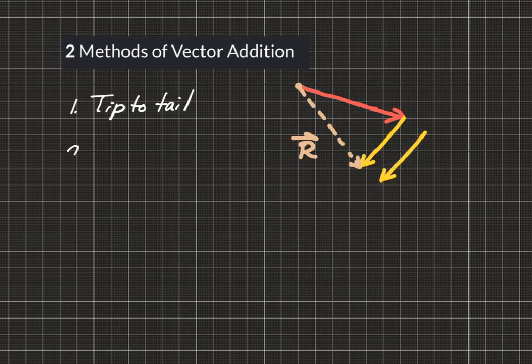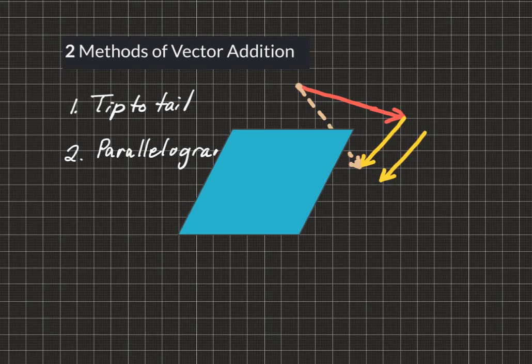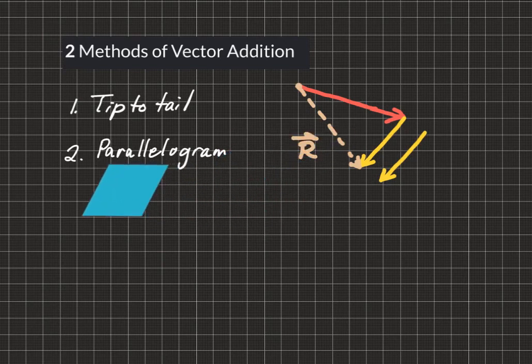The second method is known as the parallelogram method. We are literally going to draw a parallelogram with our vectors. Once again, let me duplicate my original vector so I can move it down here. And I'm going to add to it this vector. Now the parallelogram method differs. In this one, they both start from the same point. You put their tails together.